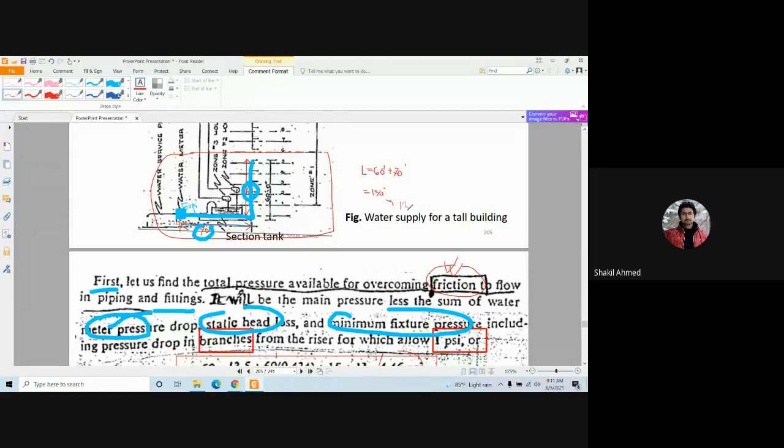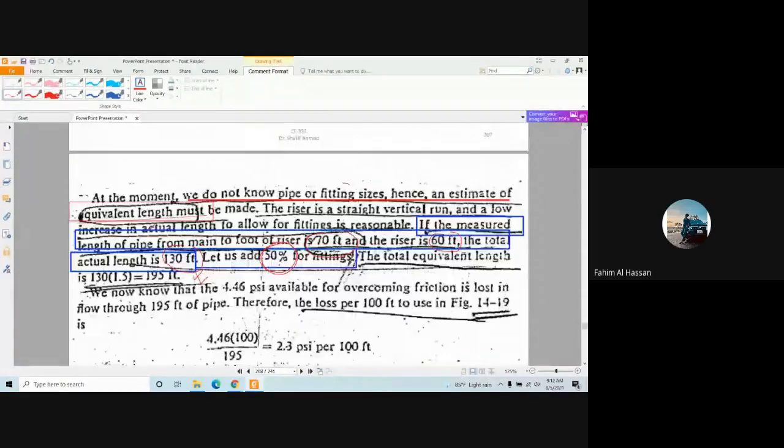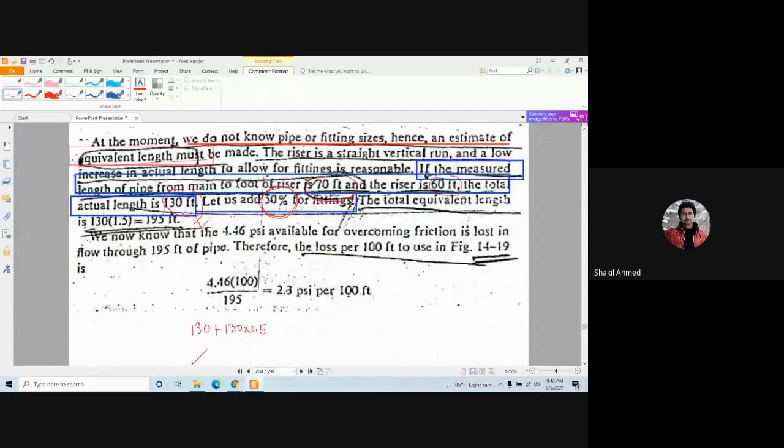So 130 plus 50% of 130, that means 1.5 into 130. Clear? Yes, sir. So that is sorry, 195 feet.